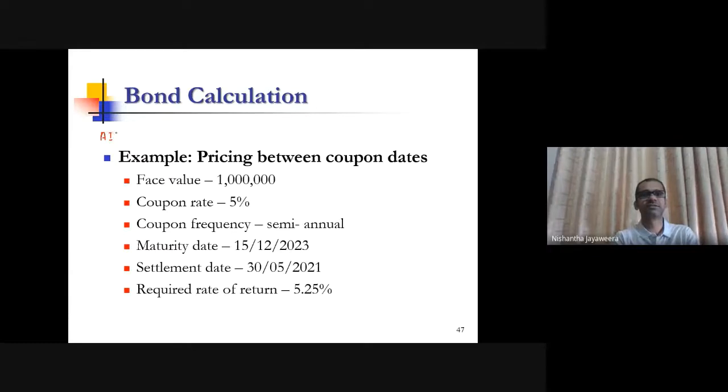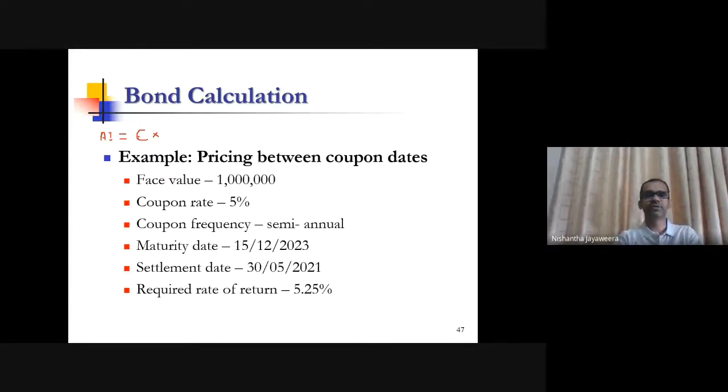Accrued interest equals, you can say, coupon amount into, whenever we say coupon amount, that should be the coupon amount during that coupon period, or for that particular coupon period. What is the coupon that we are going to receive for that particular coupon period?